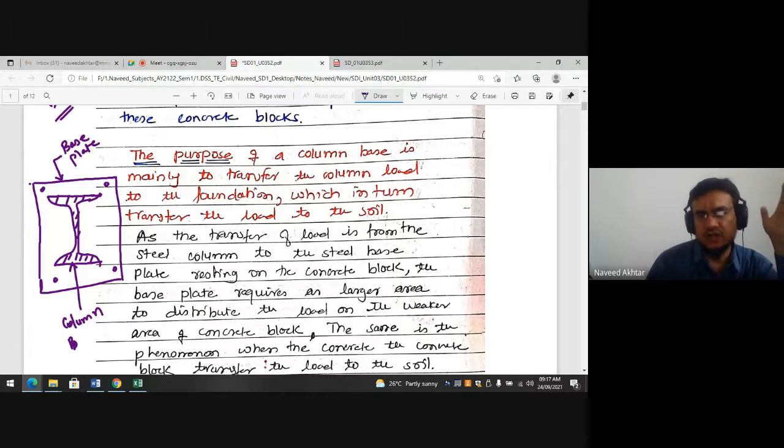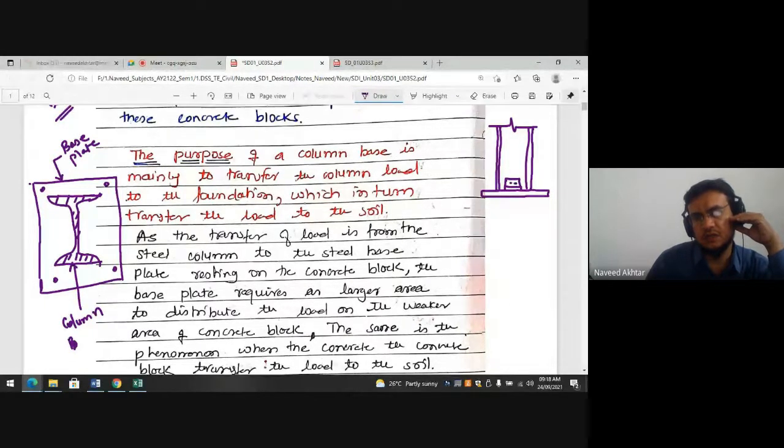Okay, so you know that this is your column. It may be an I section, channel section, whatever you are using. So below the column you are providing the base plate with the fillet angle. This is the fillet angle.